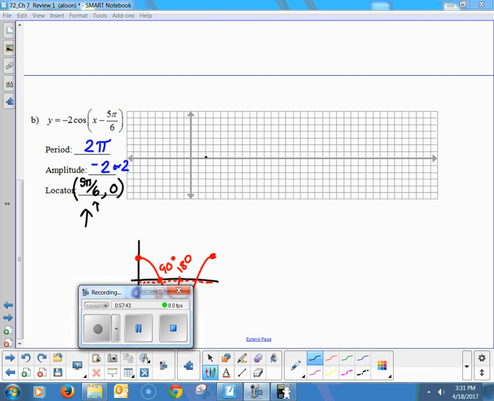This time I'm going to count carefully. 2, 4, 6, 8, 10, 12. So I'll make that pi. I might not be able to fit 2 full cycles, but that's okay. 2, 4, 6, 8, 10, 12. That's 2 pi. 2, 4, 6, 8, 10, 12. That's 3 pi. I wonder if I can go back 12. 2, 4, 6, 8.